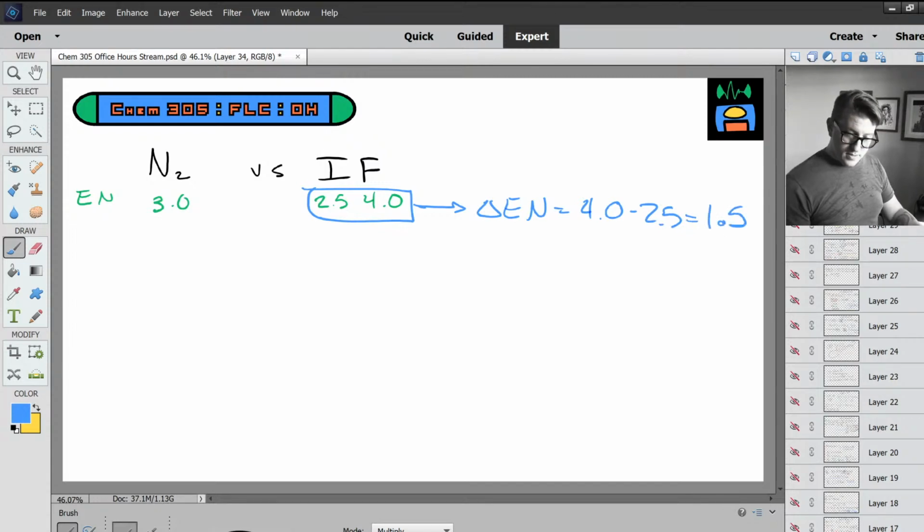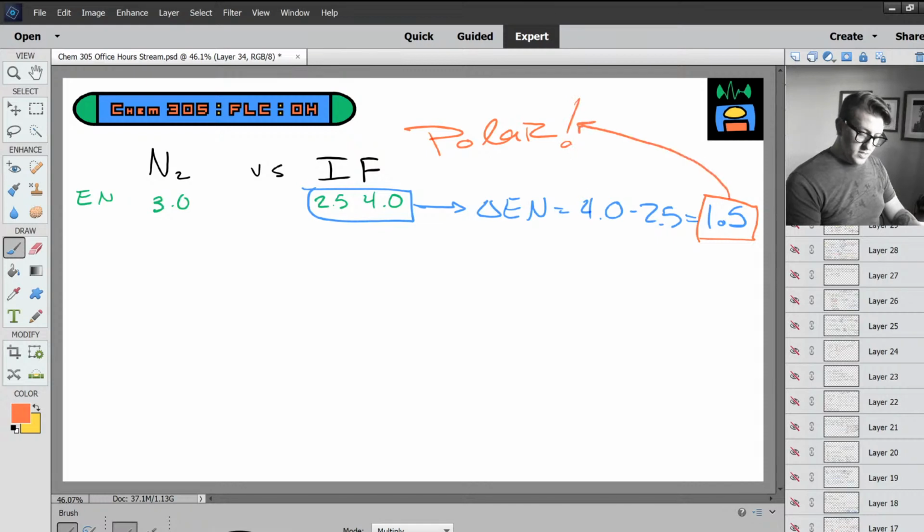So IF, because of this, it's polar. So IF has dipole-dipole and London dispersion, whereas nitrogen just has London dispersion. So IF wins.